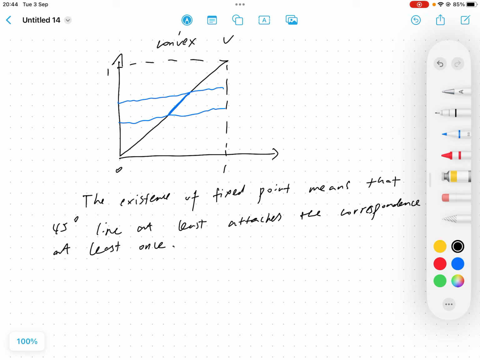It means that no matter what f looks like, no matter f1, f2, or any f, f has to attach the 45-degree line at least once.